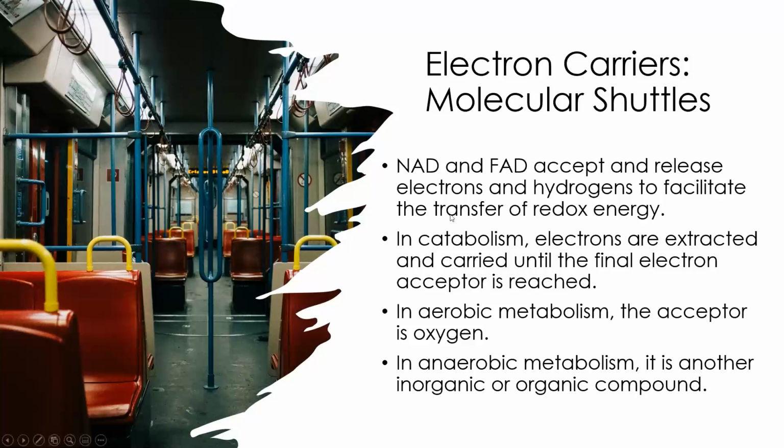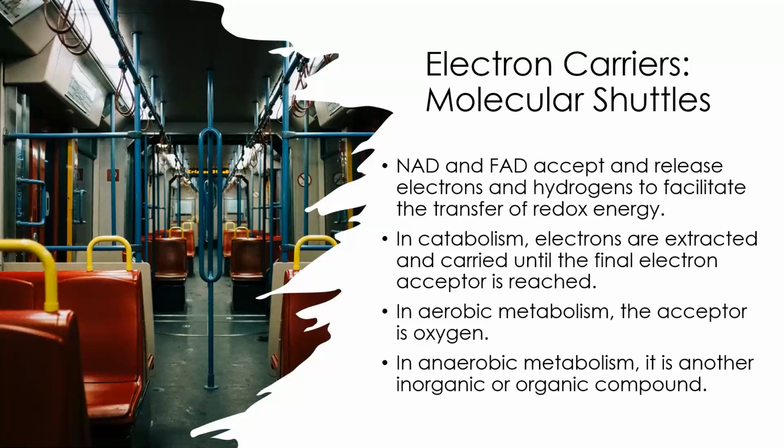Okay, so NAD and FAD are two key molecular shuttles that can accept and release electrons to facilitate the transfer of energy. So in catabolism, electrons are going to be extracted, and then these shuttles can carry them until they reach their final acceptor.